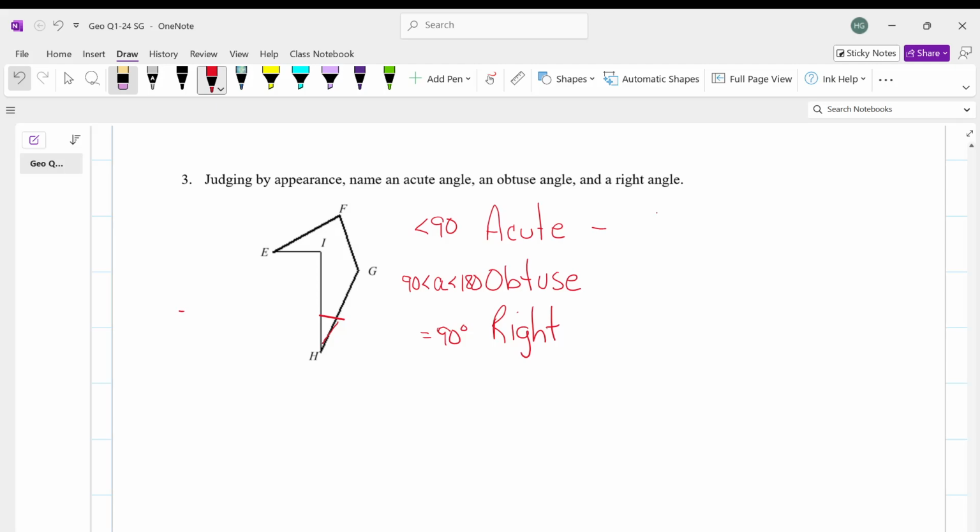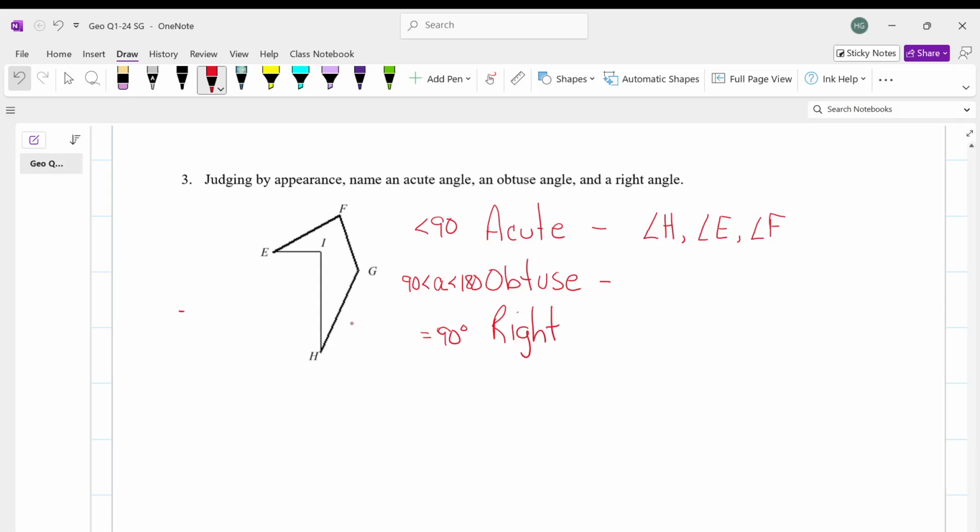So we're going to say angle H. Angle E here looks like it's less than 90 degrees, so we'll say angle E. And I'm going to go with angle F up here also. All three of those look to be acute angles. They measure less than 90 degrees.